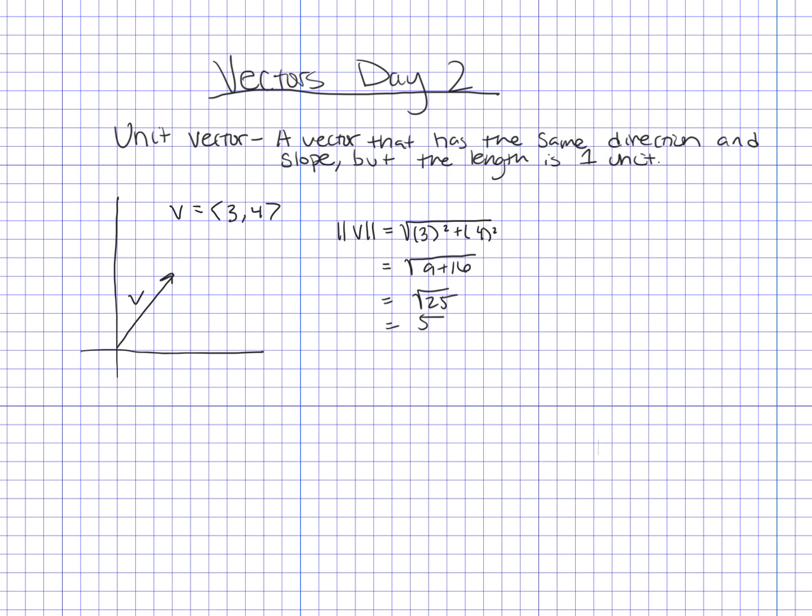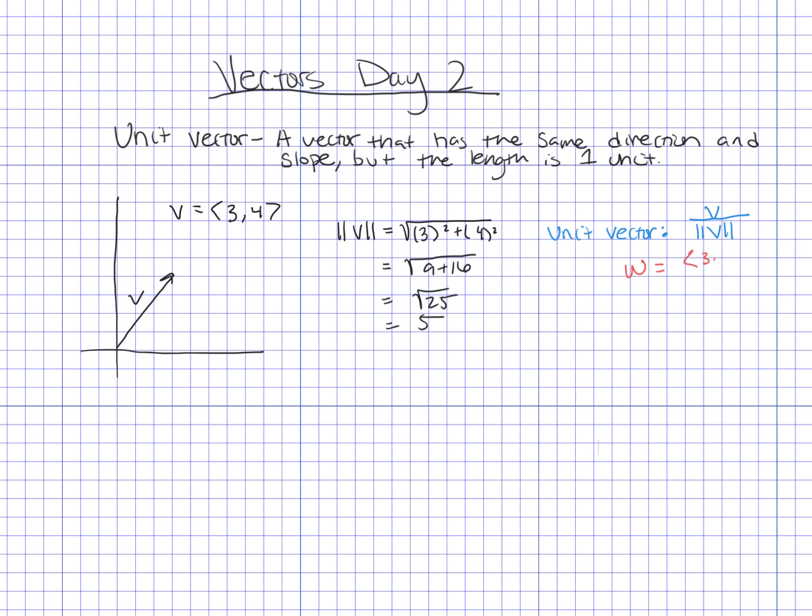Well, to find the specific unit vector, we're going to take whatever our vector v is and divide it by its magnitude. So in this case, let's have another vector. Let's call it w. w will be our unit vector here.